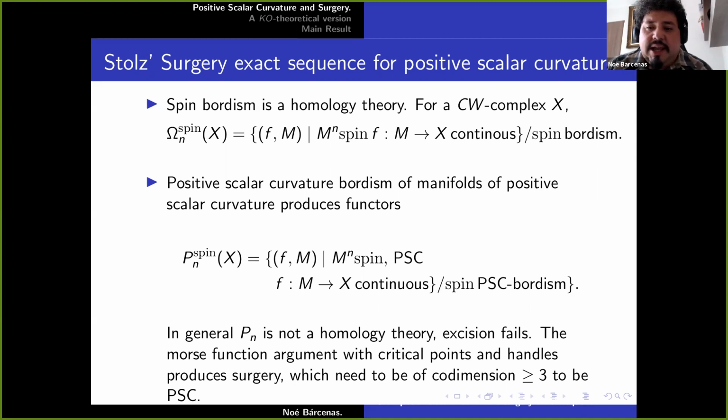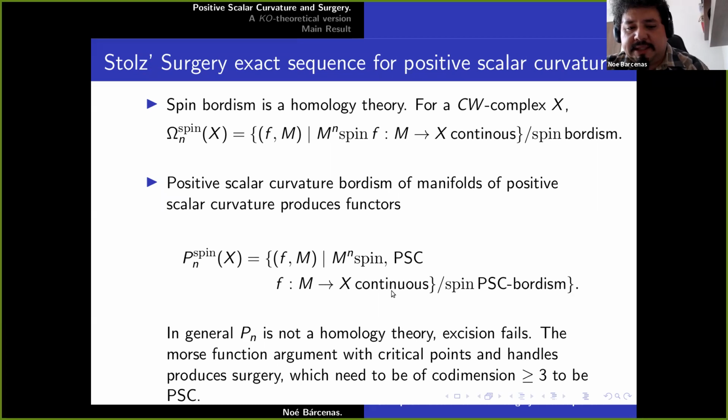So excision fails. If you try to adapt the Morse function argument, which you usually consider for trying to prove that Bordism is a homology theory, then you need surgery in order to proceed, and in order to produce the needed surgeries, you need this high codimension to apply the Gromov-Lawson or Schoen-Yau theorem on surgery, and this is the reason why these groups are not a homology theory.